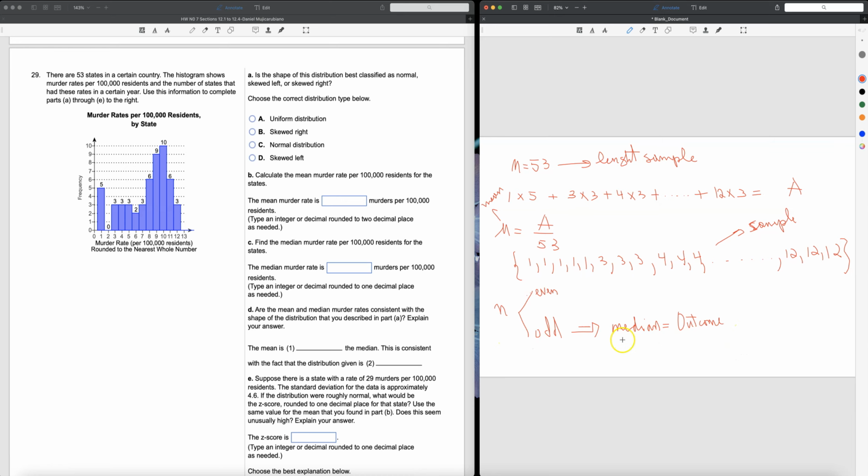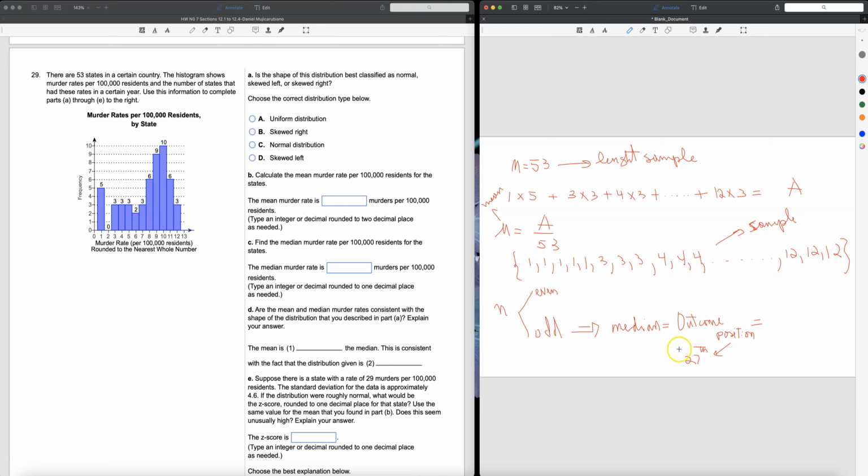What is the middle of the list? Well, I'm going to put here position. What is that position? Well, the middle of the list is going to be position 27th, right? 27.